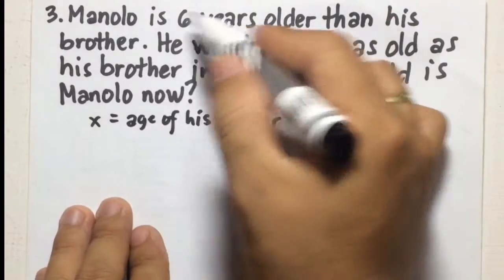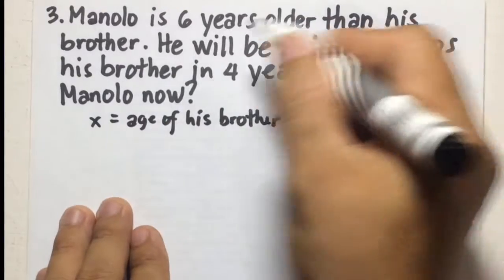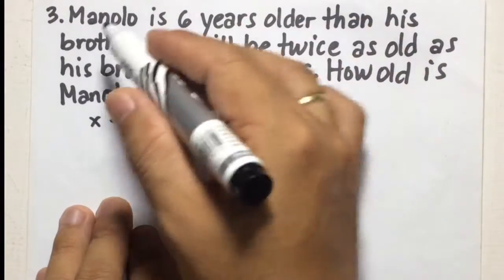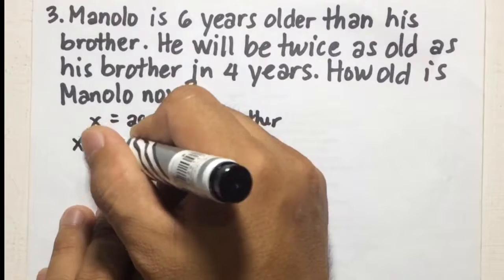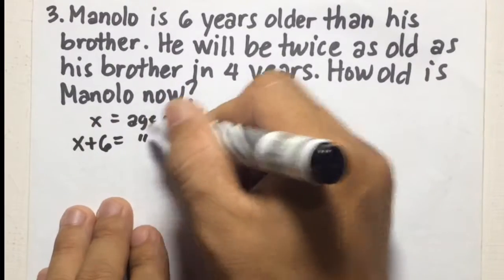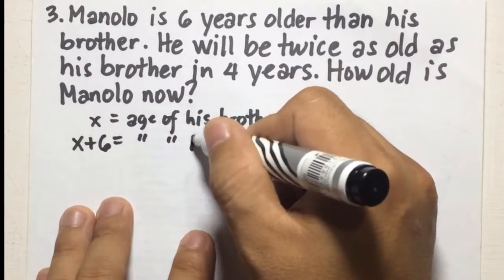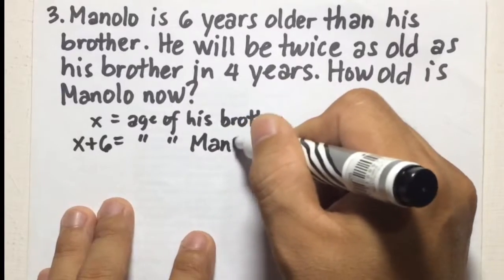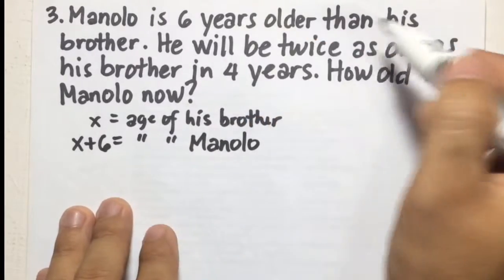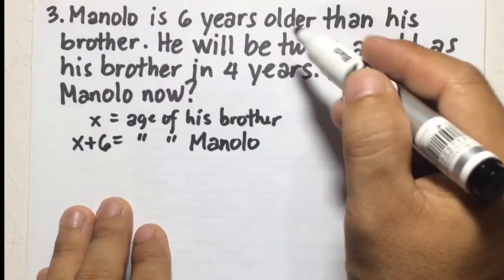Then Manolo is 6 years older. So if his brother is X, his age will be X plus 6. Then he will be twice as old as his brother in 4 years.